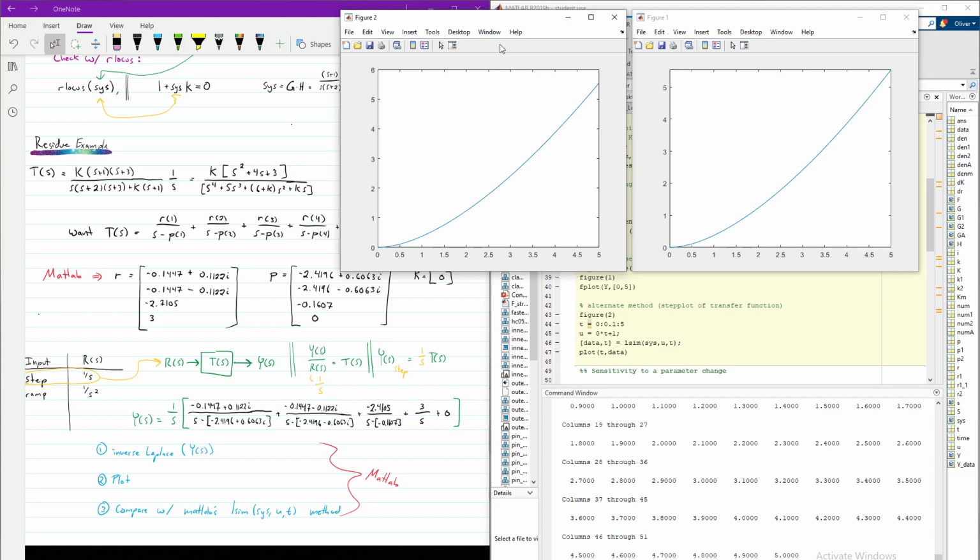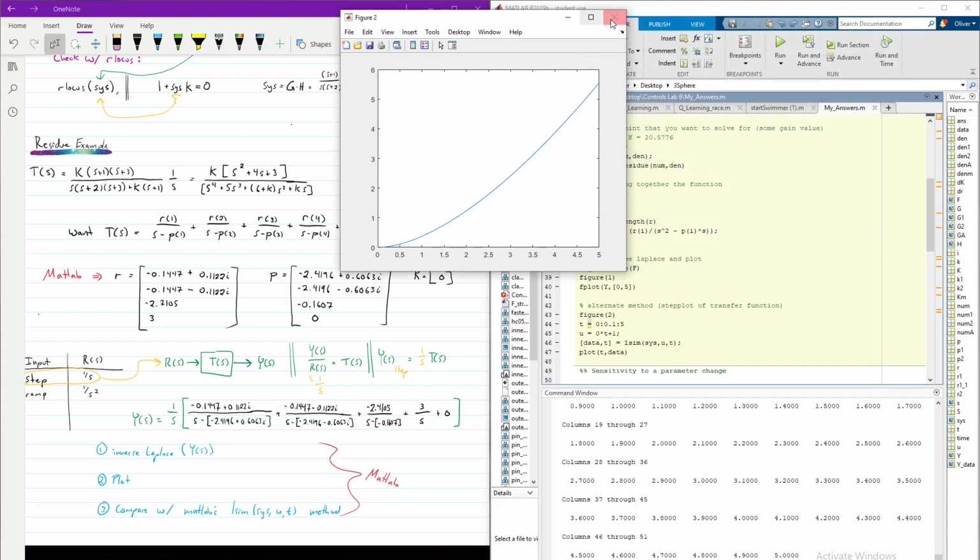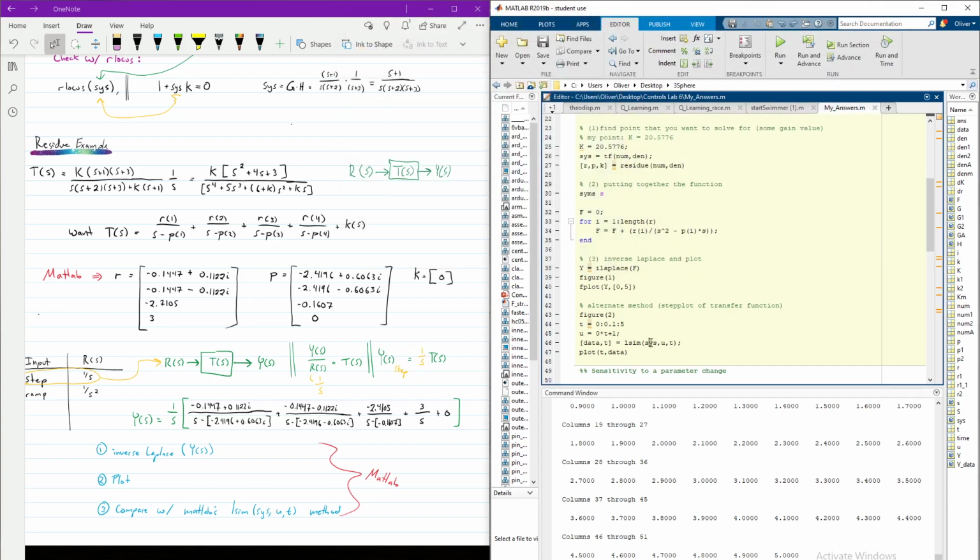We did the inverse Laplace with a step input, and we've come out with this thing here. And then we've also done an LSIM, which is taking it directly from a frequency domain system and inputting a forcing function and a time function. So that's very cool.